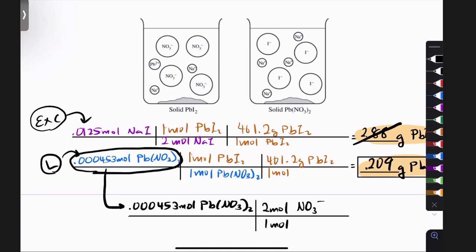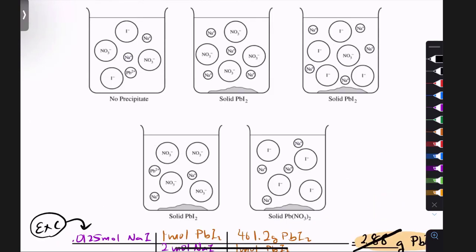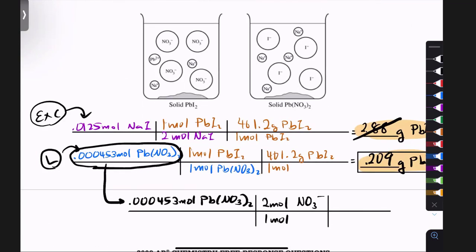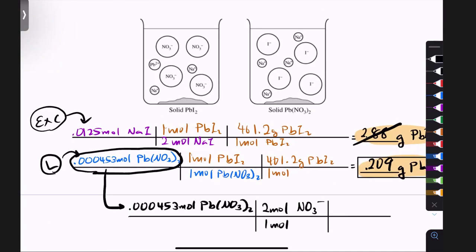And those moles of nitrate are not part of the net equation. To turn that into the molarity of nitrate, all you have to do is understand that the volume of this particular problem never changed. It was 125 milliliters. So I would simply take these moles, because the moles of Pb(NO3)2 cancel away, and divide by 0.125 liters.